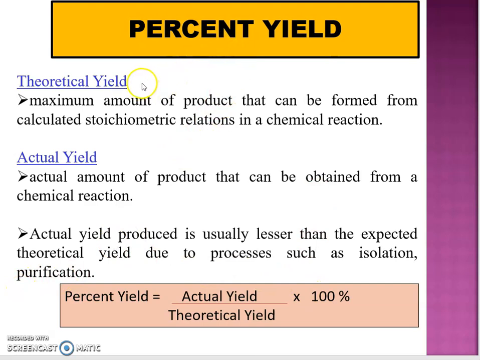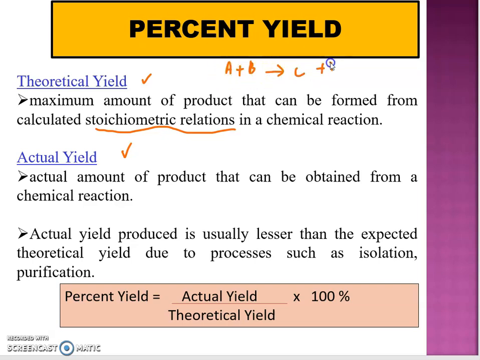Okay. So, kita dah ada theoretical yield versus actual yield. Theoretical yield is the maximum amount that forms using a stoichiometric relation in the chemical reaction. So, ini kita punya teori lah. Berapa maksimum yang boleh terhasil sekiranya tindak balas berlaku secara penuh.